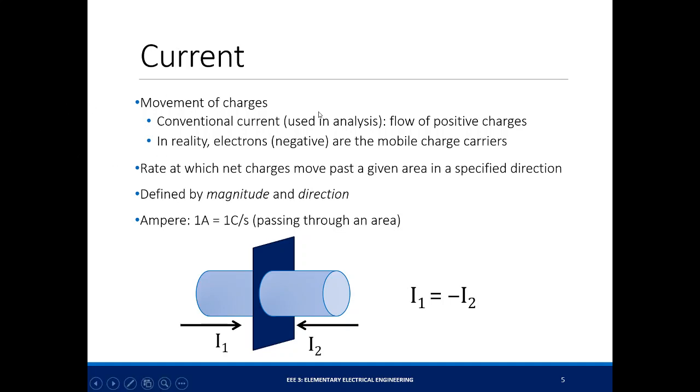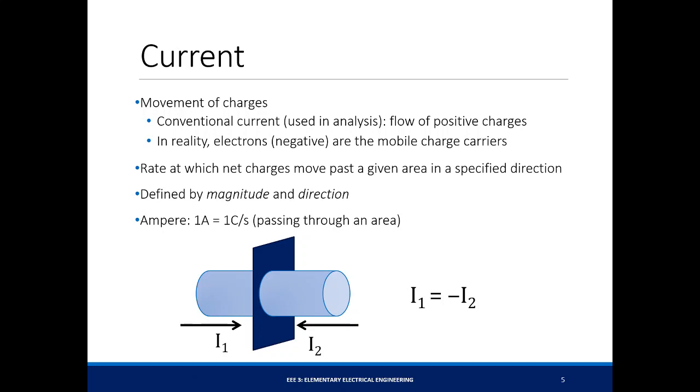So that's the definition of current. Basic definition. It's just the movement of charges. So it's the rate at which the net charges move past a given area. So it's defined by its magnitude and direction. So it's a vector. So that means if it's a vector, it can have a negative value.